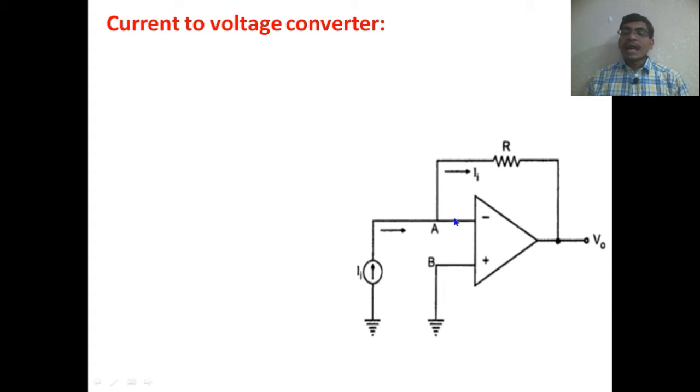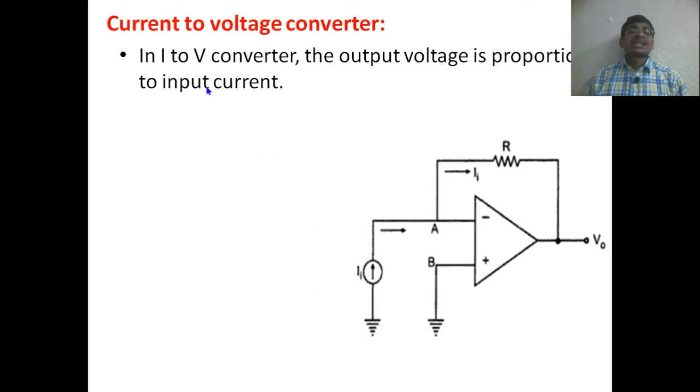The same current II will pass through the feedback resistor R also, because the input current for our op amp is 0. According to the virtual ground concept, here VA is equal to VB is equal to 0, as VB is connected to the 0, therefore VA is equal to VB is equal to 0.